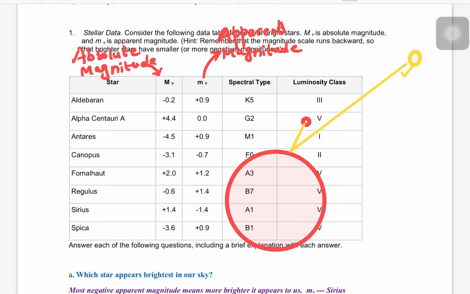How do we measure the luminosity or the absolute magnitude? Let's say all the stars, this star and this star, were placed exactly at the same distance.